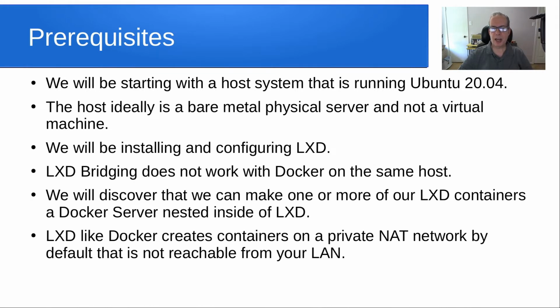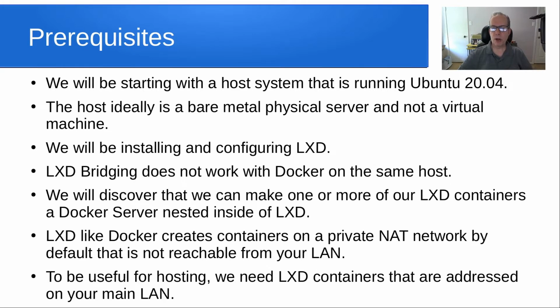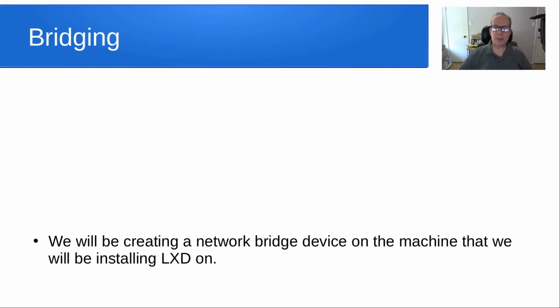And LXD, like Docker, creates containers on a private NAT network by default that is not reachable from your LAN. To be useful for hosting, we need LXD containers that are addressed on your main LAN and reachable from your main LAN. So that's where bridging comes in.